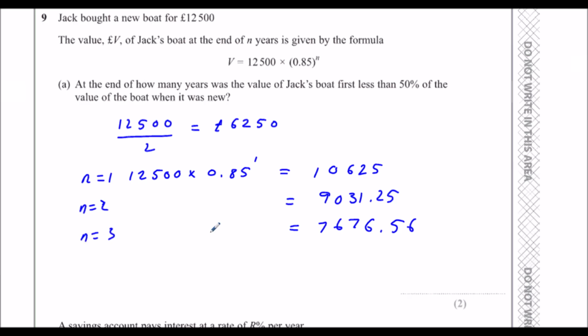Change it to a 4: 6,525.08. That's still more, so one more time, change it to a 5, and it goes down to 5546.32. So 5 years. It takes 5 years to be less than 50%.